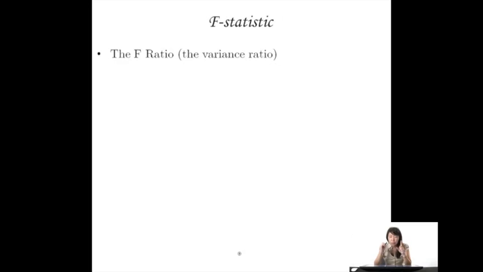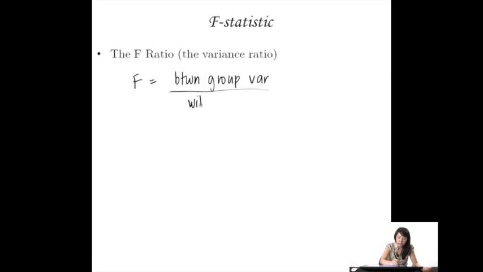Okay, now let's go back to the idea of the F-statistic. Now that we've broken it down a little bit in terms of what kinds of different variances there are, hopefully the F-statistic makes a little more sense. The idea is that you want to take the ratio of the between group or sample variance over the within group variance. And the reason we want this particular ratio is that we're very, very interested in the between group difference.